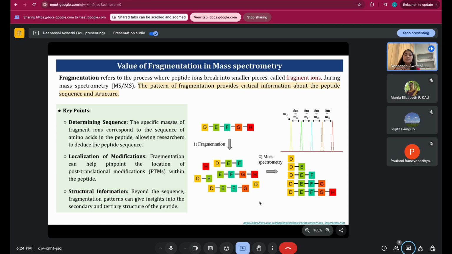In that way different fragments could be generated in the mass spectrometer, and after that it will look for the peaks. There will be different intensities for each peptide, because the peaks are the mass-to-charge ratios. Mass will be higher if more residues are present, and charge will be comparatively less.